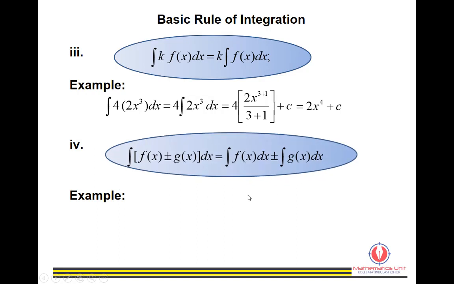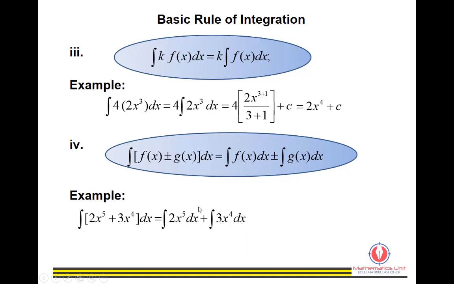Rule number 4, we have the summation or subtraction properties. If we have the integral of f(x) plus or minus g(x), we can integrate f(x) and g(x) separately before we add or subtract them. For example, we have the integral of 2x to the power of 5 plus 3x to the power of 4 dx.